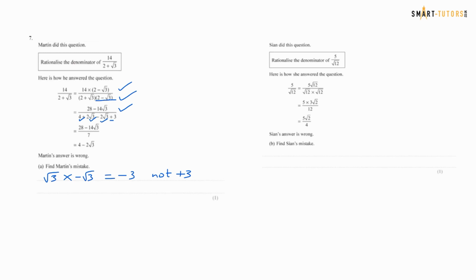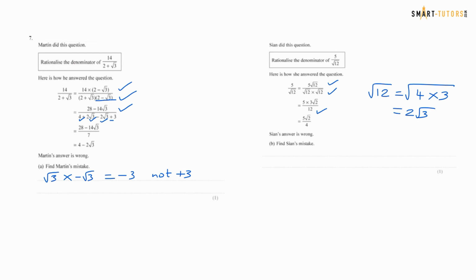Someone else doing the question, 5 over root 12, again rationalize the denominator, root 12 top and bottom. Root 12 times root 12 is 12, that is correct. 5 root 12, so 5 root 12, 5 times 3 root 2. Let me do my surd format simplification. Root 12 equals root 4 times 3, root 4 is 2, so 2 root 3.